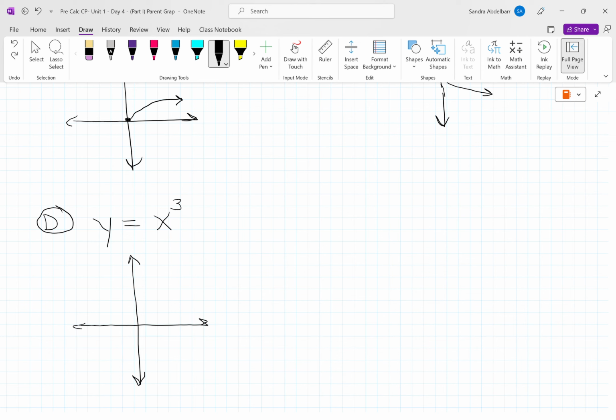It's because my pen is shaky. There we go, that's the best I'm going to get. There's our disco dancer. Our domain is all reals. Our range is all reals.